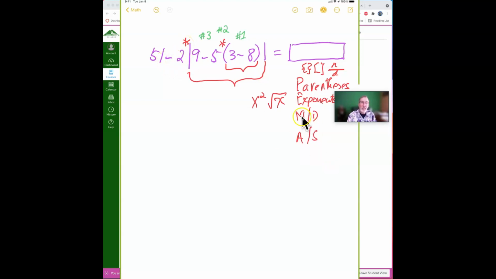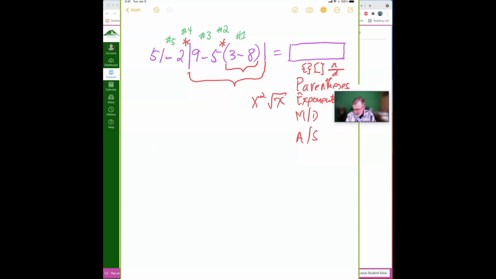So that's easy. Multiplication goes ahead of subtraction. So this is number 4, and then number 5 is that subtraction. So this goes completely counterintuitively, right? If you don't know the rules, if you don't apply the rules correctly, then you will end up doing this and get a completely different answer.